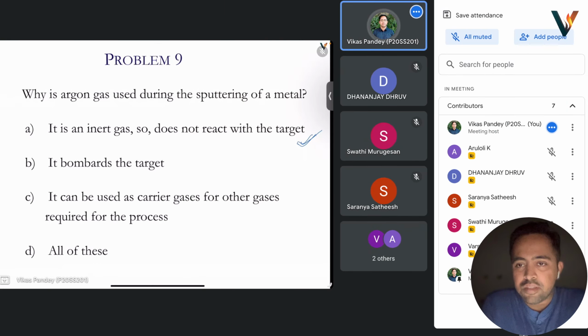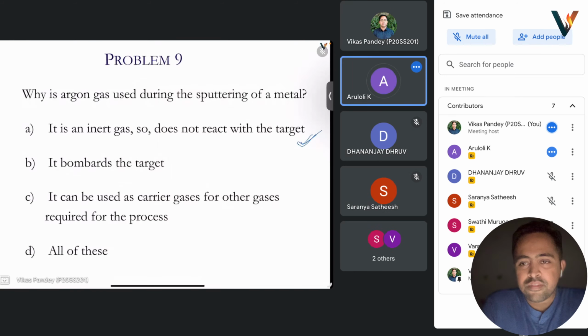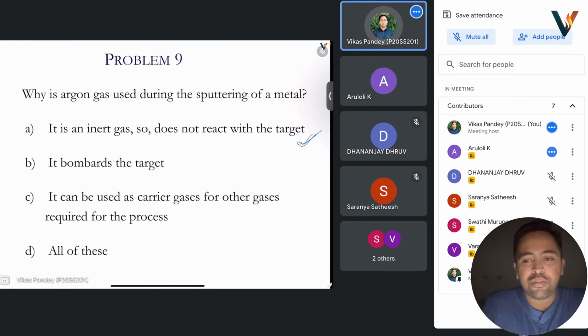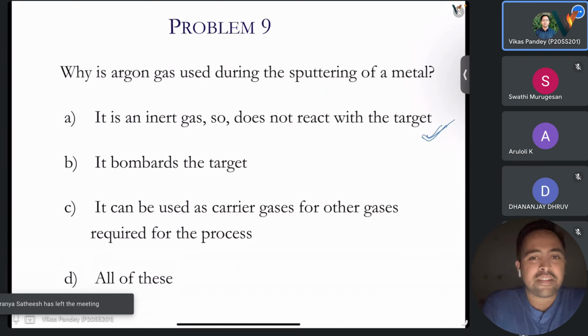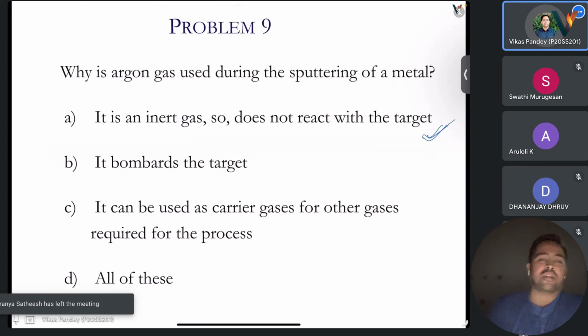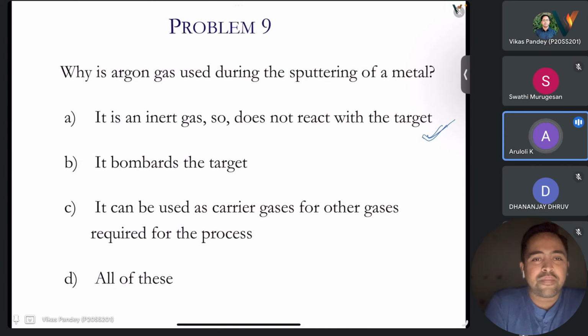Let me ask someone. Aruloli, are you there? Yes, sir. So can you add something? Like which one of the following should be correct? I think argon is an inert gas, apart from the diatomic ones.